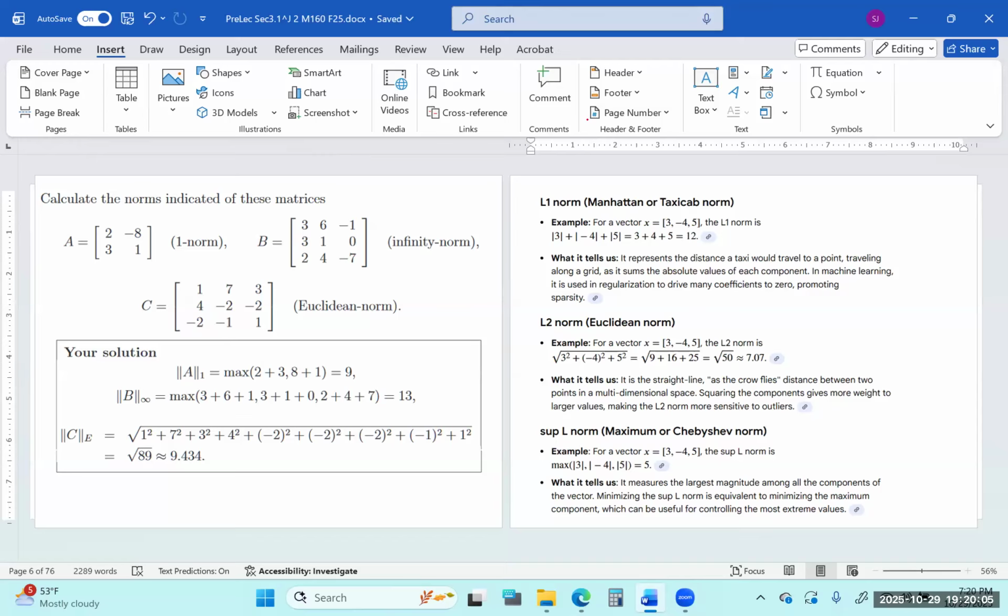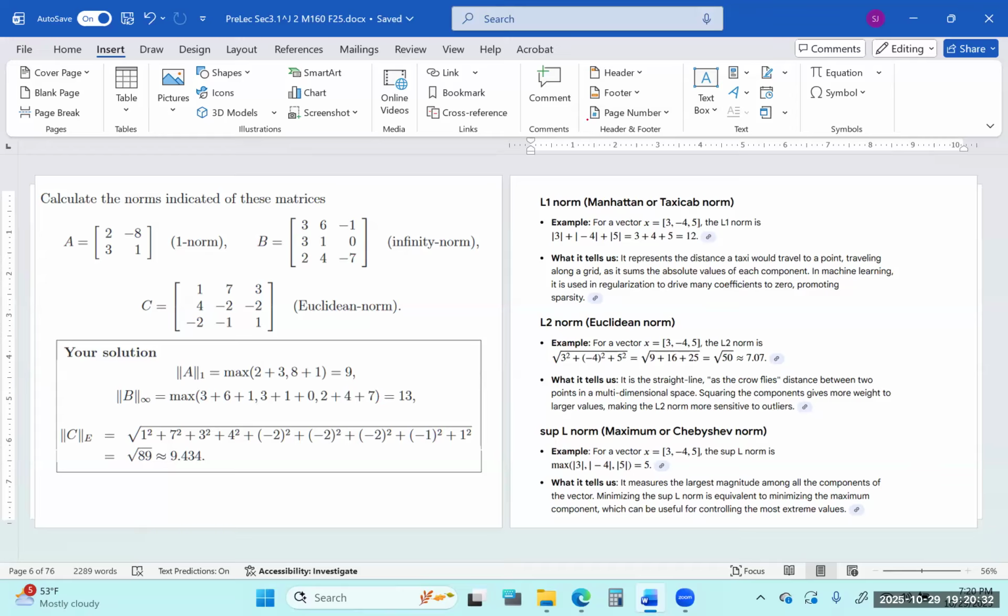So in the first column, we have 2, 3. In the second column, we have -8, 1. So when you add them, we have 2 + 3 and -8, we have to take the absolute value, so basically 8 + 1. So 2 + 3 gives us 5, 8 + 1 gives us 9. The maximum of 5 and 9 is 9. So the L1 norm of this matrix is 9.